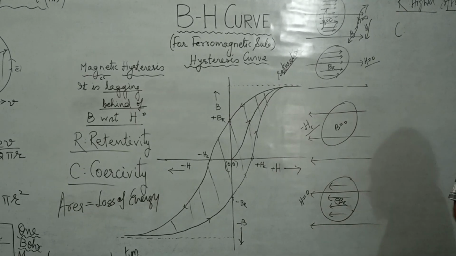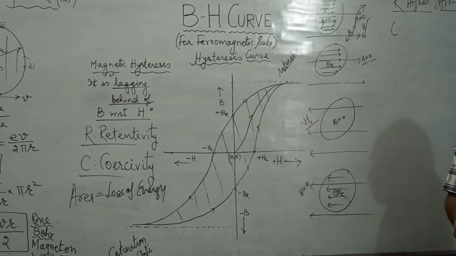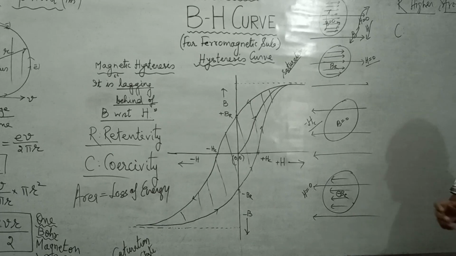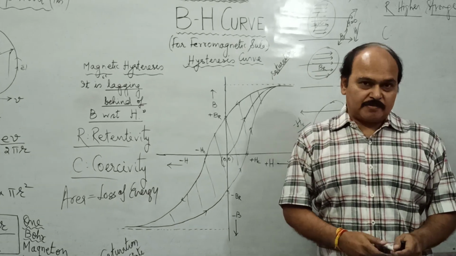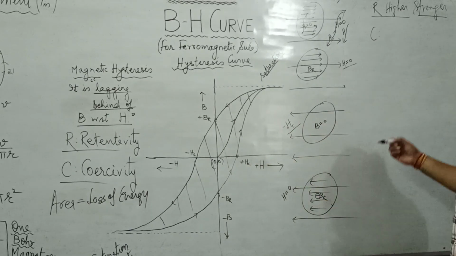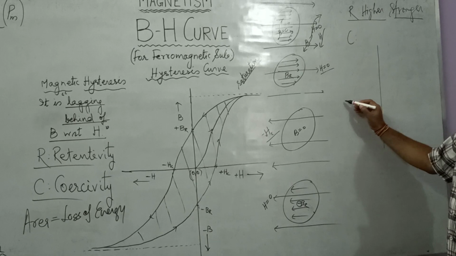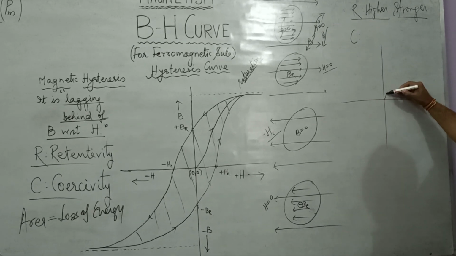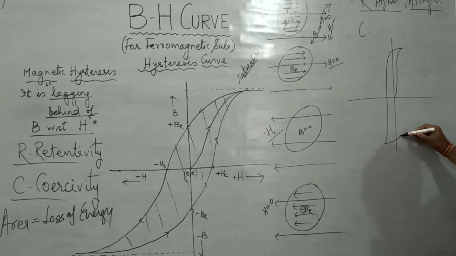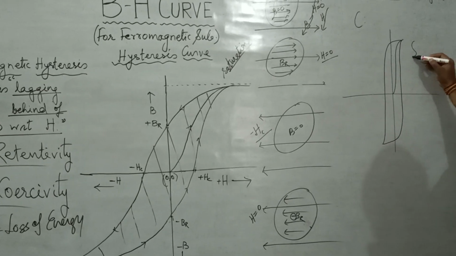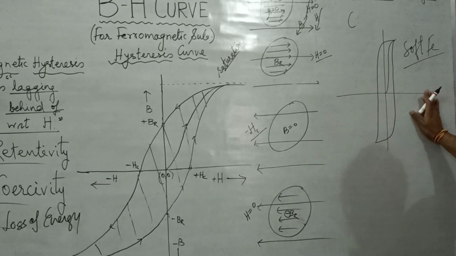Now this BH curve gives us some very important information about the ferromagnetic substance, and based on this information we are able to decide the utility of the substance. Like this is the BH curve of, say, soft iron. And what is important about this curve?